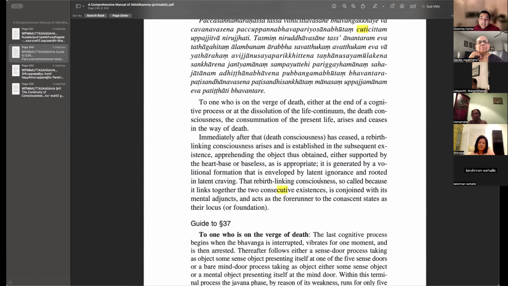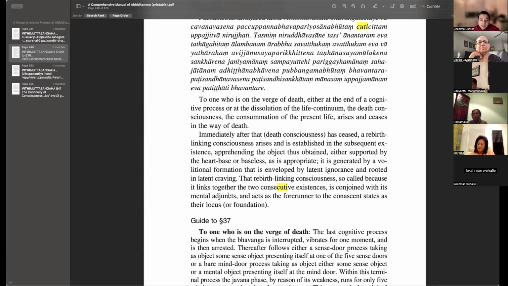That rebirth linking consciousness, so called because it links together the two consecutive existences, is conjoined with its mental adjuncts and acts as a forerunner to the connascent states as their locus. That means the mind and the mental factors there.